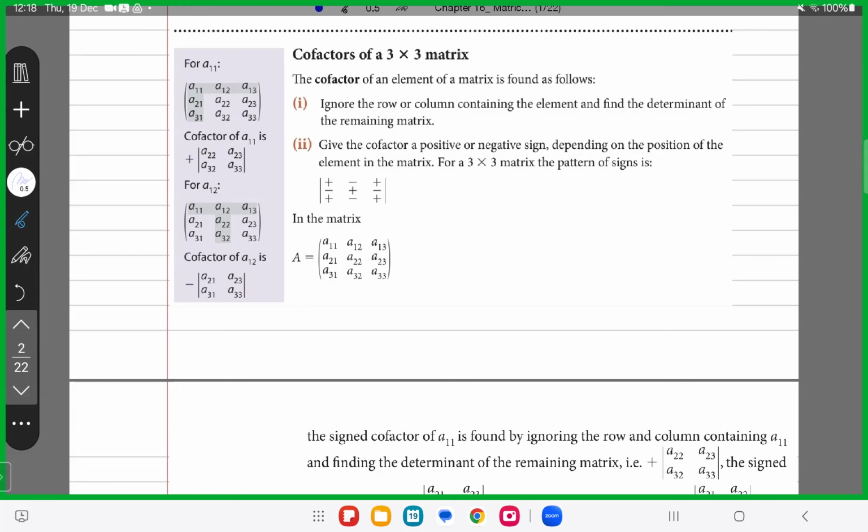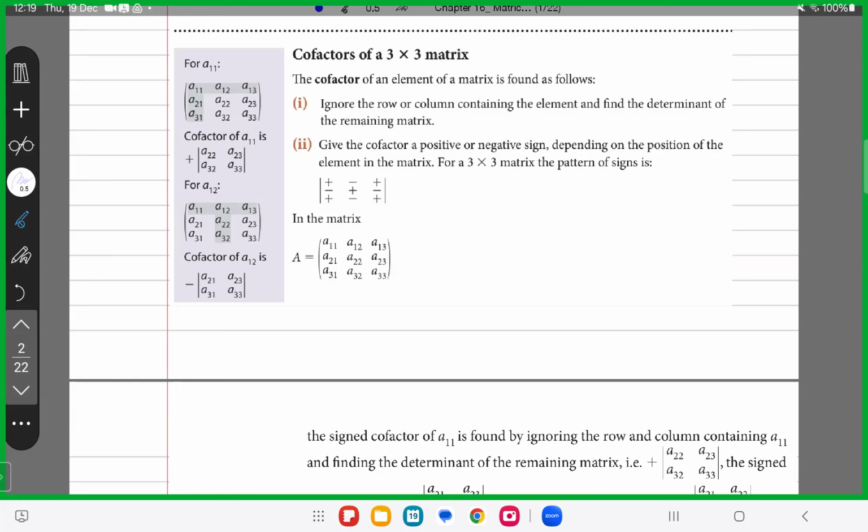Let us say starting with a 3x3 matrix. Every element in a 3x3 square matrix has a cofactor. How do we go about finding this cofactor?